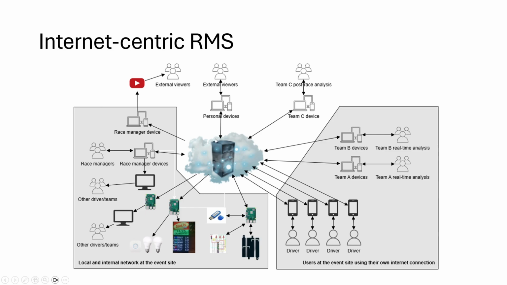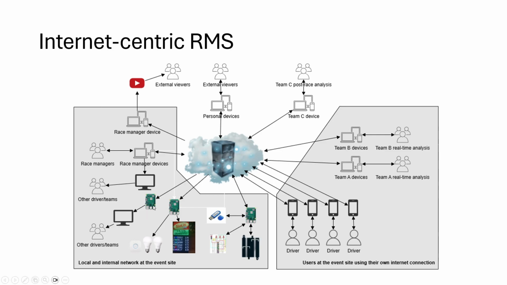There will be a core RMS part, which I installed on a cloud server, and then as a race manager, you will use a client, the one we'll be looking at, and you can have several of those running, several race managers at the same time. Then you can have a tablet to walk around or manage a race if you want to do that. You can, of course, share the same screen as you do with an RMS as well.